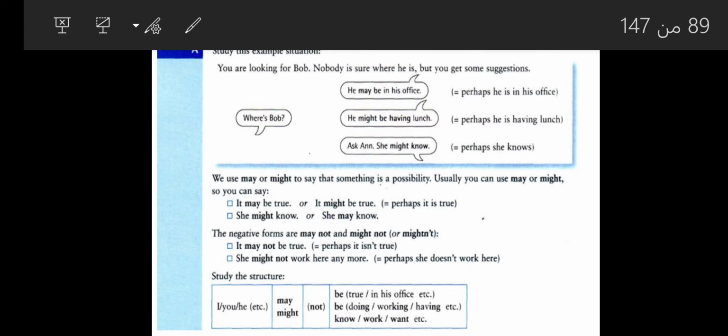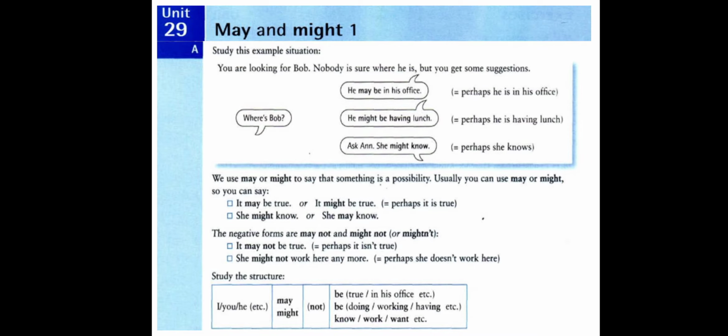Then you say, it may be true, or it might be true. If you are sure, then you say it is true. And to make it possibility, you use may and might, and is is changed into its base form be. So it becomes it may be true or it might be true.